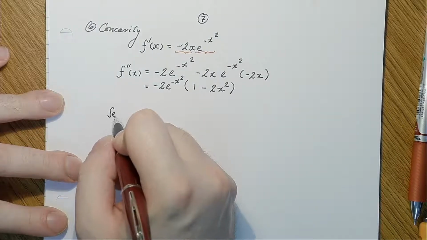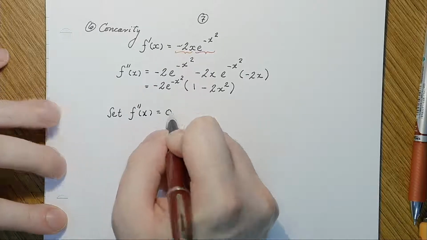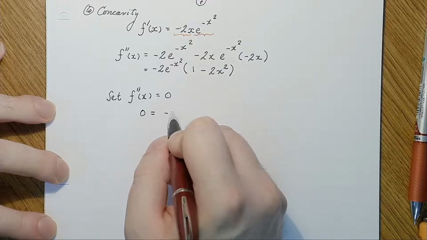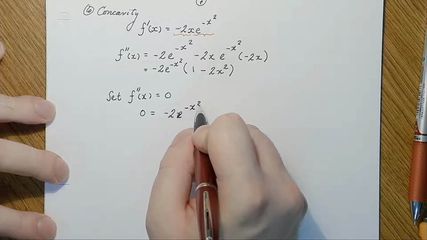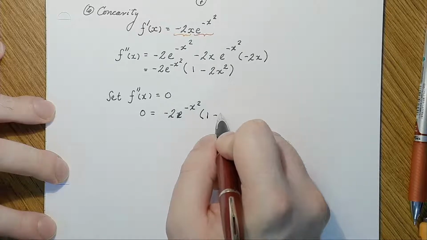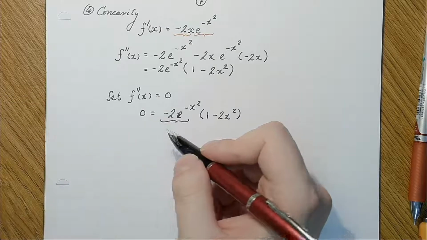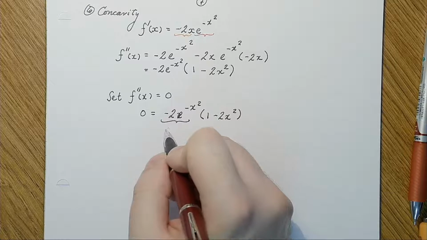Now I need to set this equal to 0, to find the critical values. And again, this one over here will never equal 0.